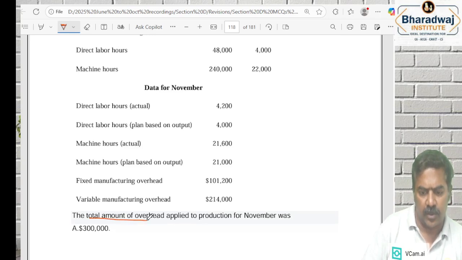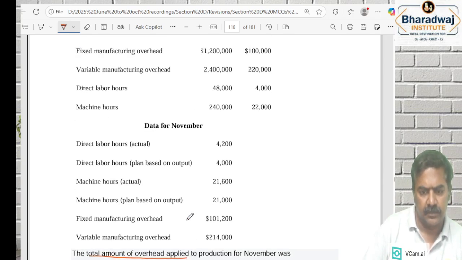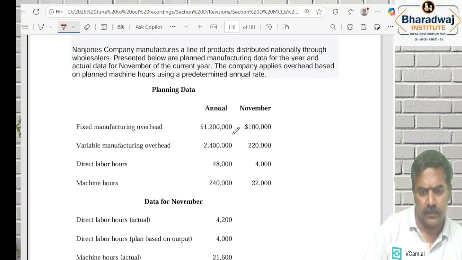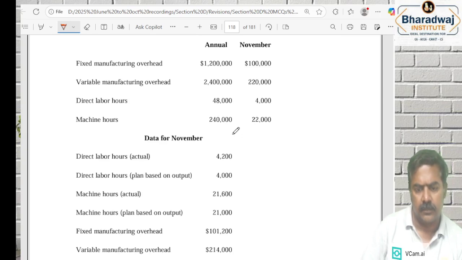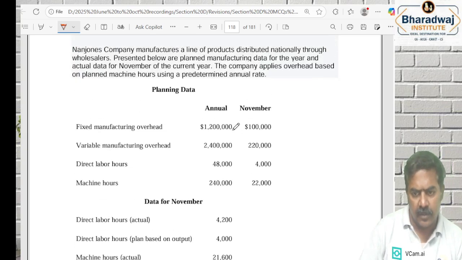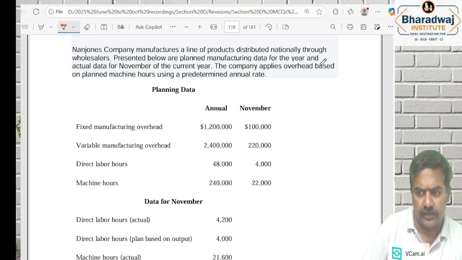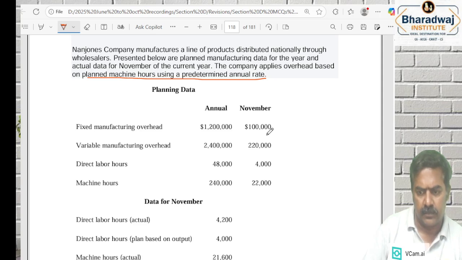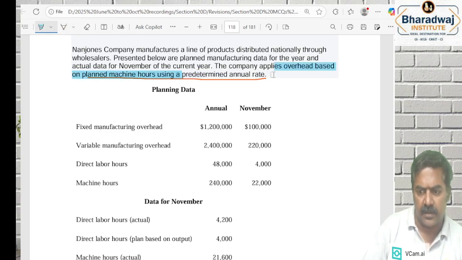The amount of overhead applied. Standard allowed for actual. Which costing method do they follow? Based on planned machine hours using a predetermined annual rate. Standard. Predetermined annual rate.